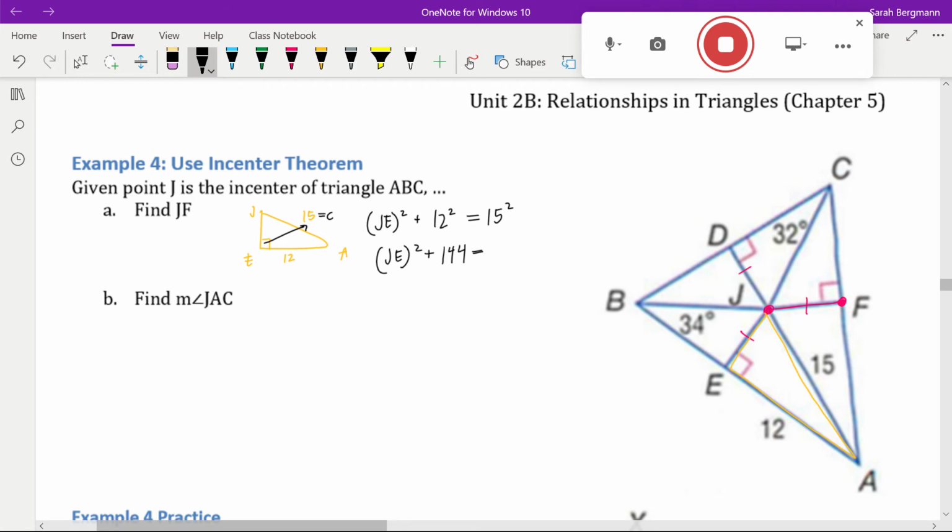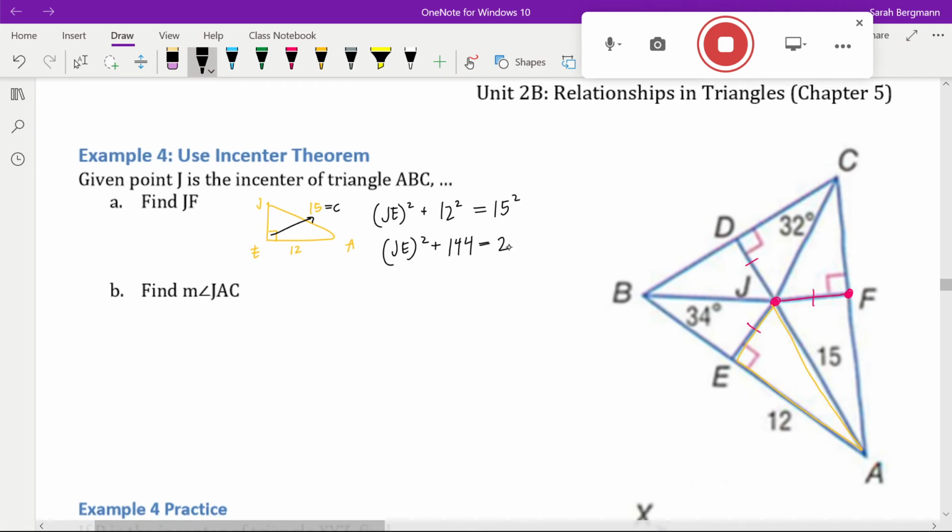First, square 12 and 15. Next, subtract 144 on both sides. And finally, square root both sides to get JE by itself.